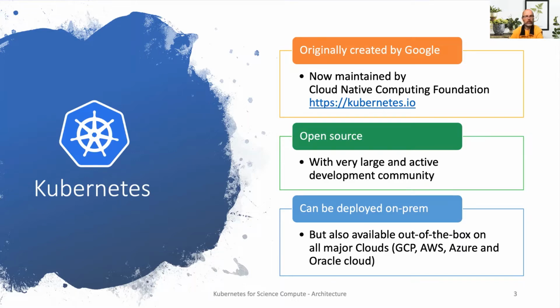Although Google is still developing its own version, it periodically contributes things back to the Cloud Native Computing Foundation, and the two are compatible. It's open source and has a very large and active development community.